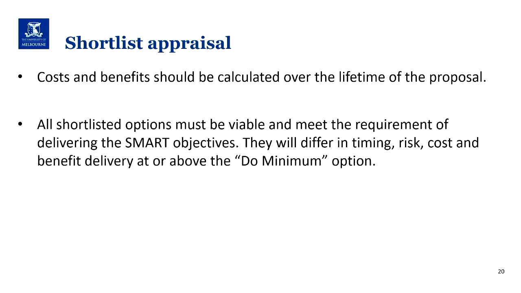Then these options are going to differ in time, risk, cost, and benefits, and they have to be compared with a base case scenario option, or sometimes they call it the do minimum option. We are going to talk a little bit more about this one during the lecture, but all the options have to be compared with a reference point, okay?